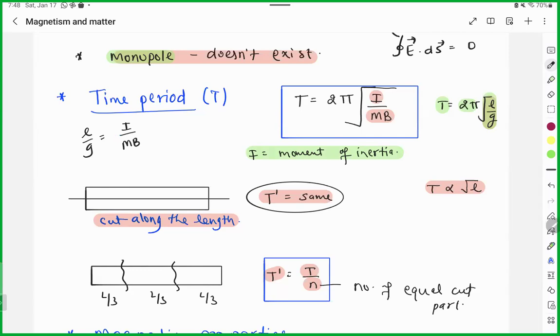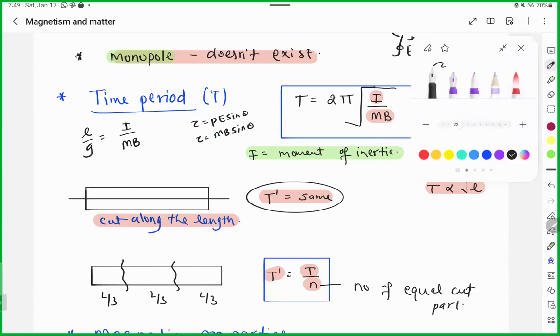What is M into B, Tuhina? What is M into B in magnetism? Torque, because you know torque is PE sine theta. In magnetism, it will be MB sine theta, right?